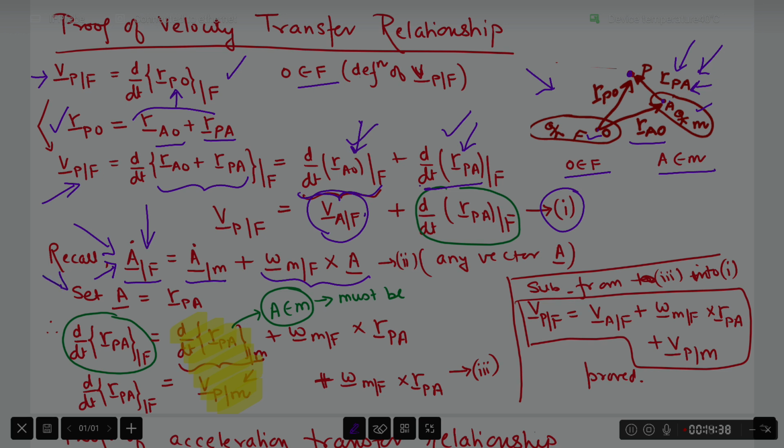Thus, I am free to set this vector A to RPA for my application right now. Once I set A to be RPA, I get this relationship that I am highlighting here. I get d dt of RPA with respect to F equals d dt of RPA with respect to M, which comes from here, plus omega mf cross RPA.